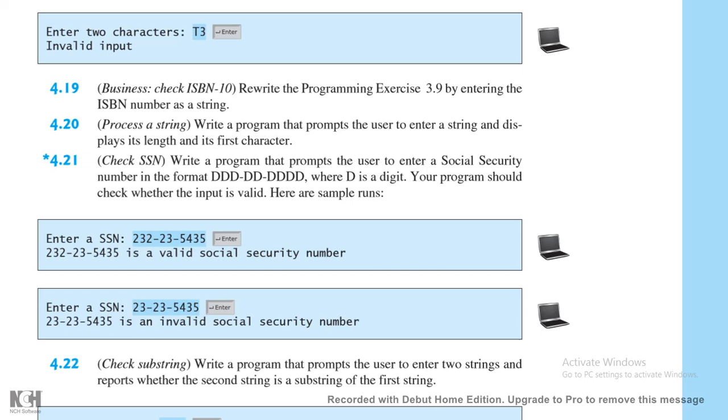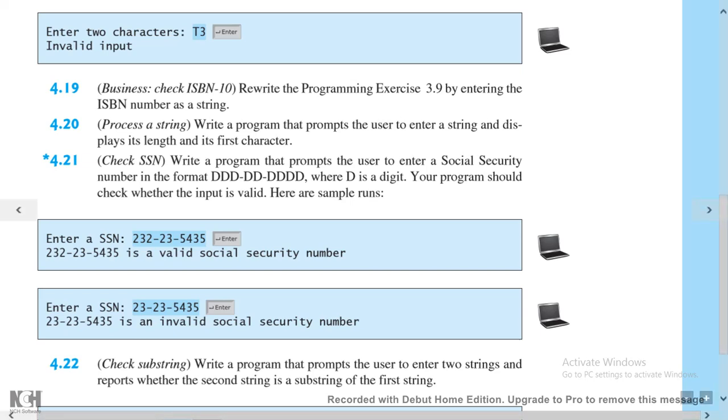We have to write a program that prompts the user to enter a social security number in the format DDD-DD-DDDD, as you can see. So it's three D's, a dash, two D's, a dash, and four D's, where D is a digit. Your program should check whether the input is valid.